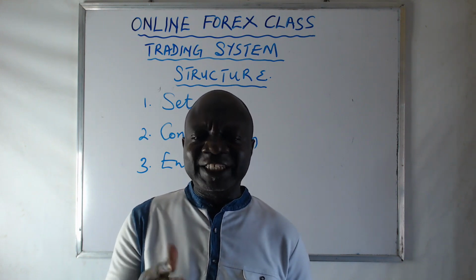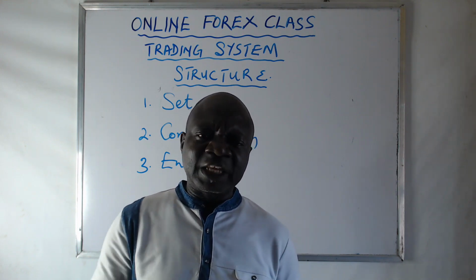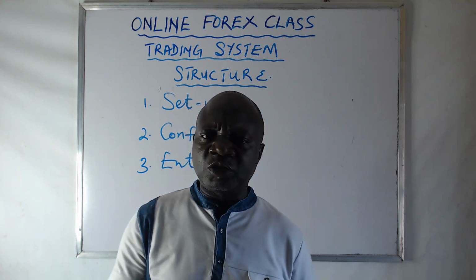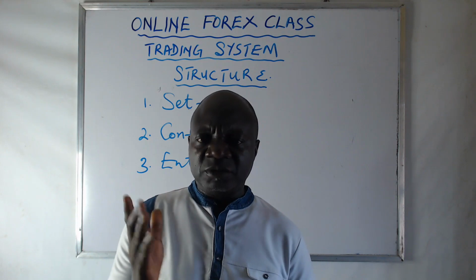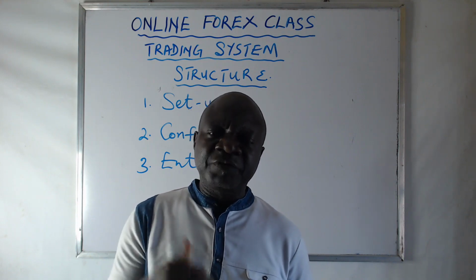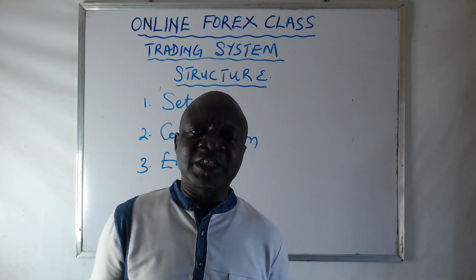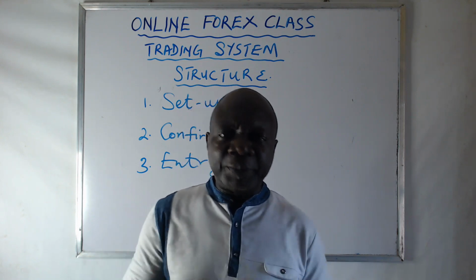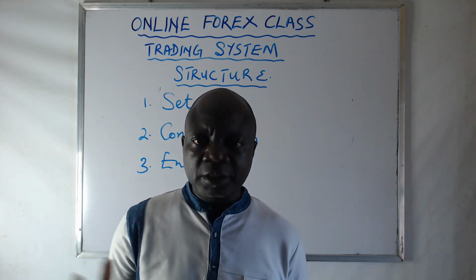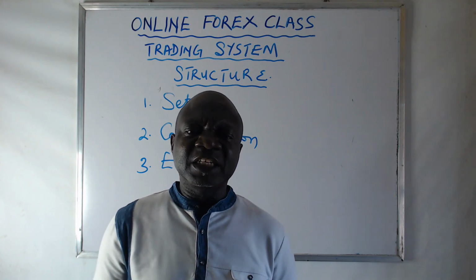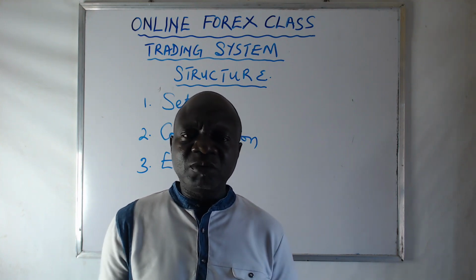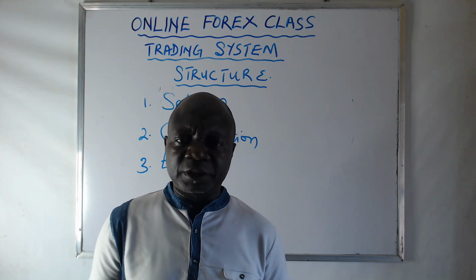I told you that a series of candles in a particular direction, maybe a series of buy candles or a series of sell candles, shows that if it is a series of buy candles, the buyers are actually in control. So now series of candles, then the price. Let me tell you something.